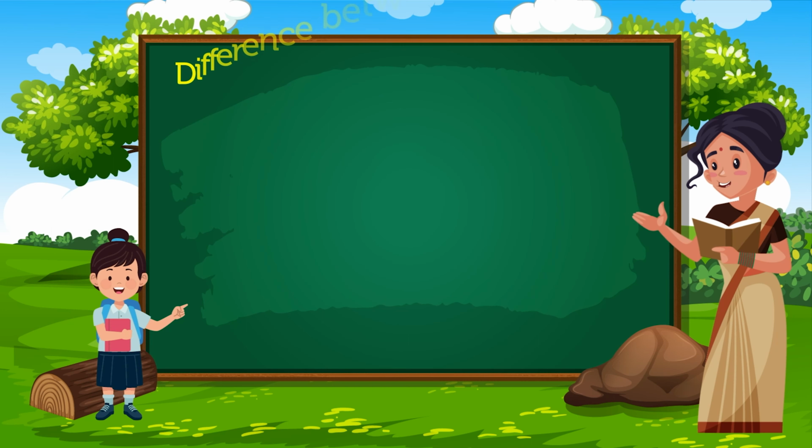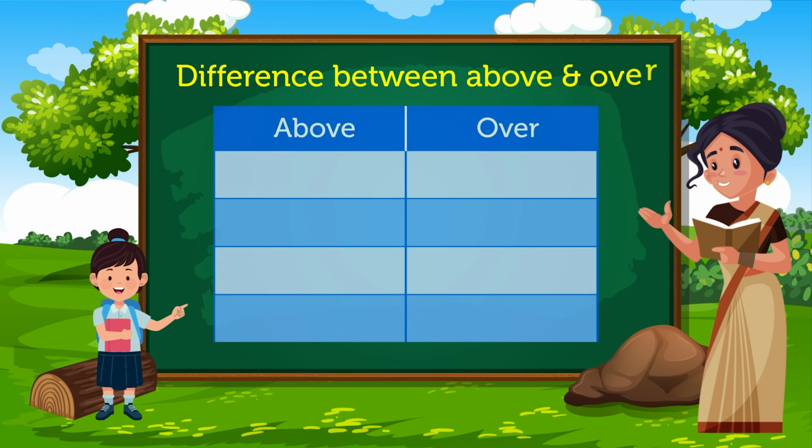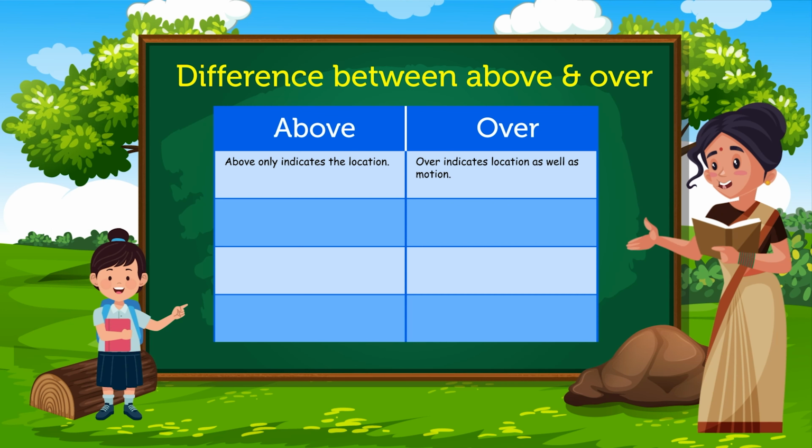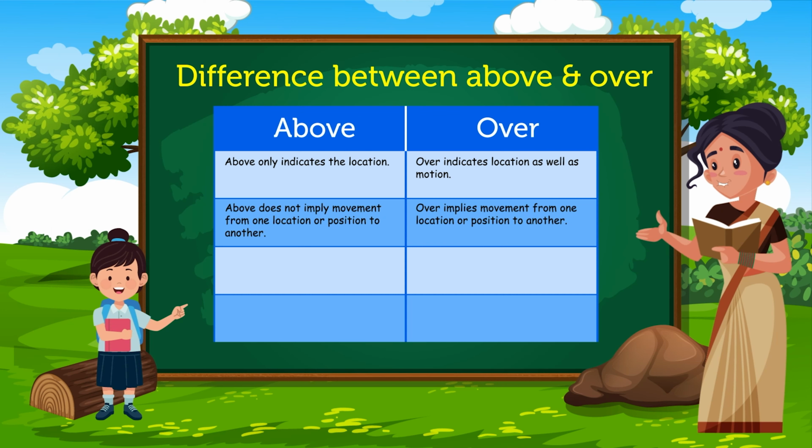We'll see the difference between above and over. Above only indicates the location. Over indicates location as well as motion. Above does not imply movement from one location or position to another. Over implies movement from one location or position to another.